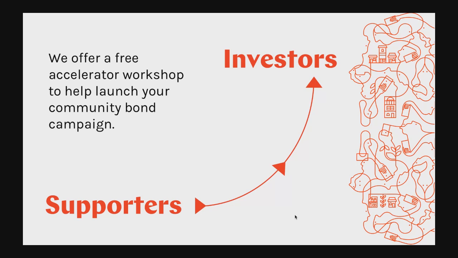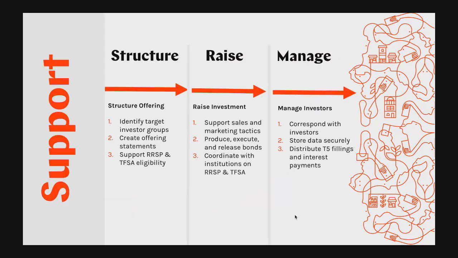How do we turn these supporters, people who support your work, who support your community, and who share your values, into becoming investors? It does require a shift in mindset, but one that is very much possible. At Tapestry, we support the full cycle of services for a community bond campaign.